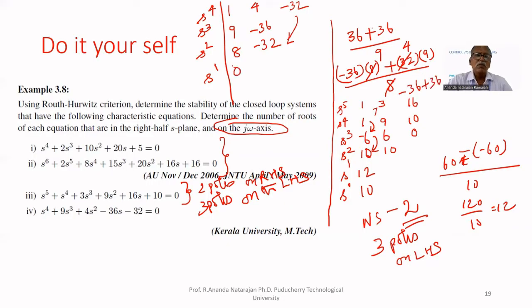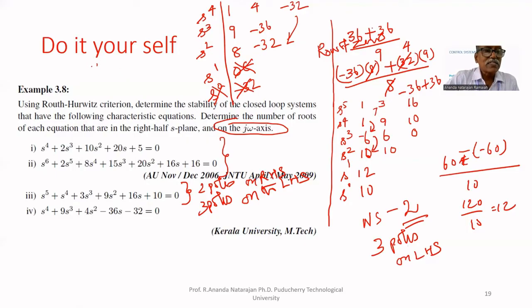Therefore, you will get 0. S power 1 is 0. So s power 0 is minus 32. So here you will replace this with epsilon. Is it okay? No, because it is a row of zeros. S power 1 means a row of zeros. That's why we cannot proceed like this. We should not put epsilon if it is the s power 1 row.